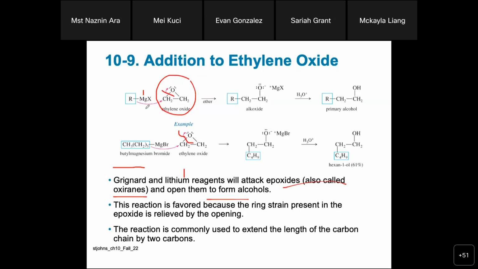The R attacks, a bond forms, and the carbon makes a bond with this alkyl group. This part joins here because this is negative and this one is positive. And when we add water, it will become alcohol.